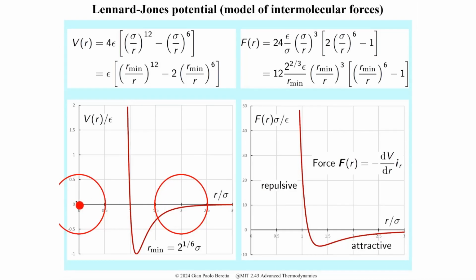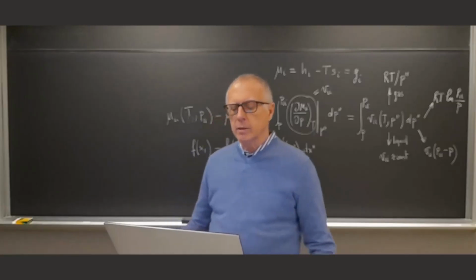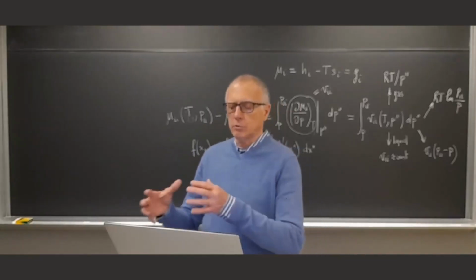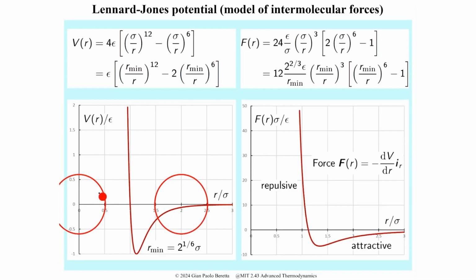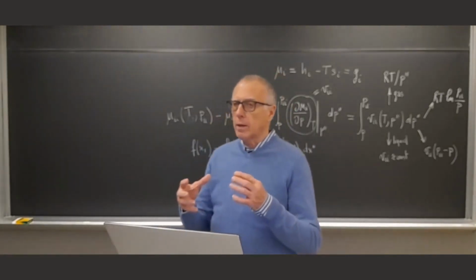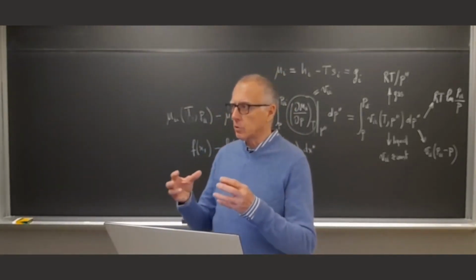So suppose I have one molecule and I sit on that molecule, on the reference frame that moves with that molecule, and I see another molecule approaching. The Lennard-Jones model is a pair interaction kind of model.